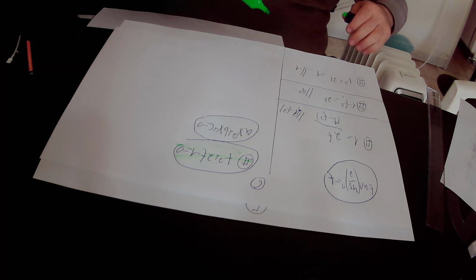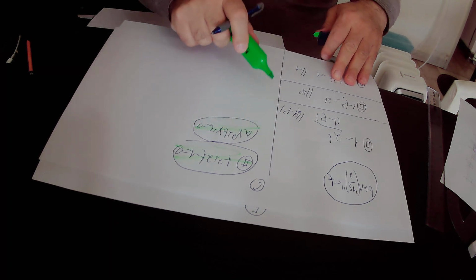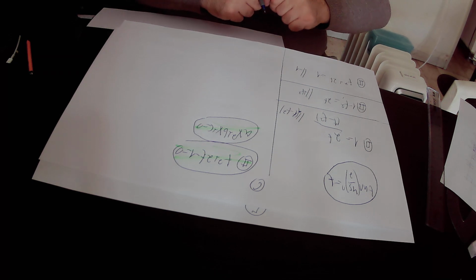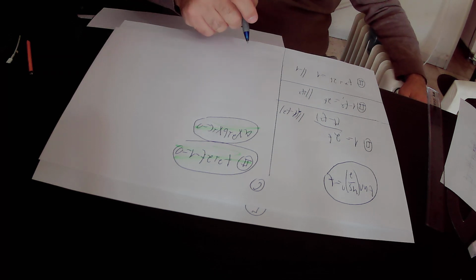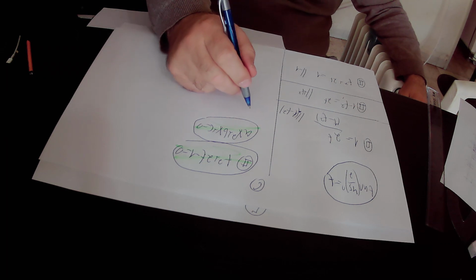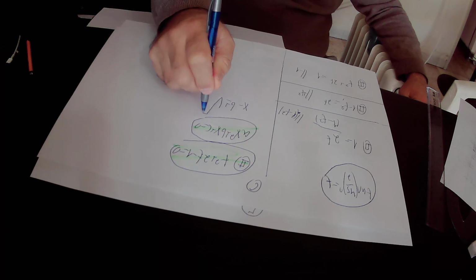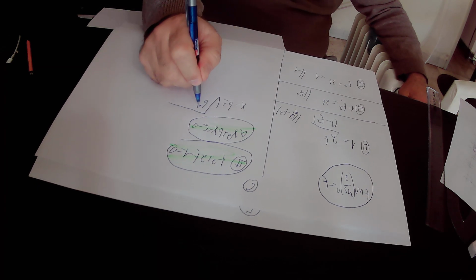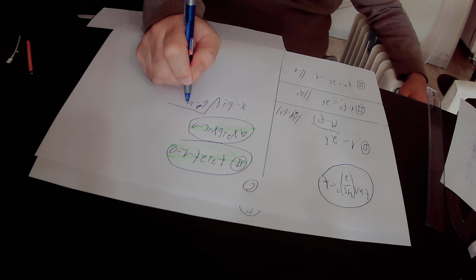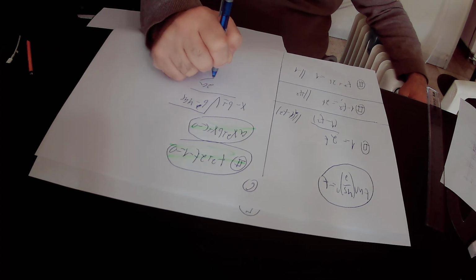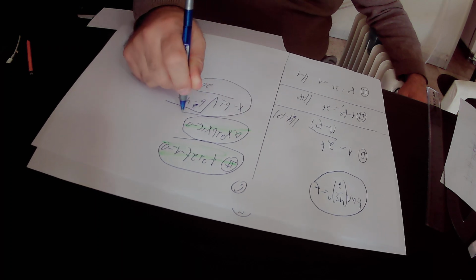In this general formula, a, b, and c are the coefficients of the quadratic equation, and x is the variable that we are looking for. And we find out the value of x according to the following formula: x equals minus b plus minus square root of b squared minus 4 times a times c, over 2a.